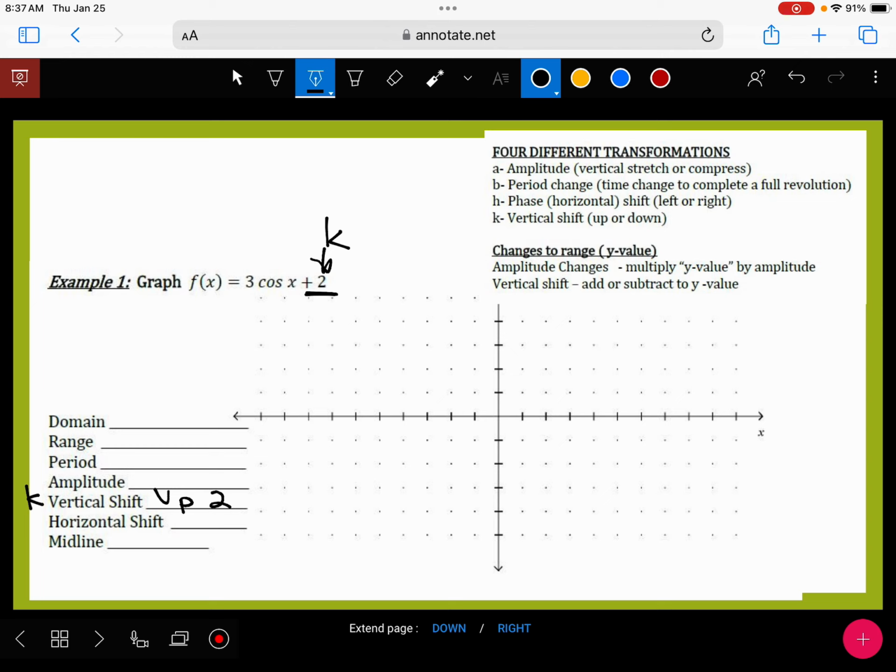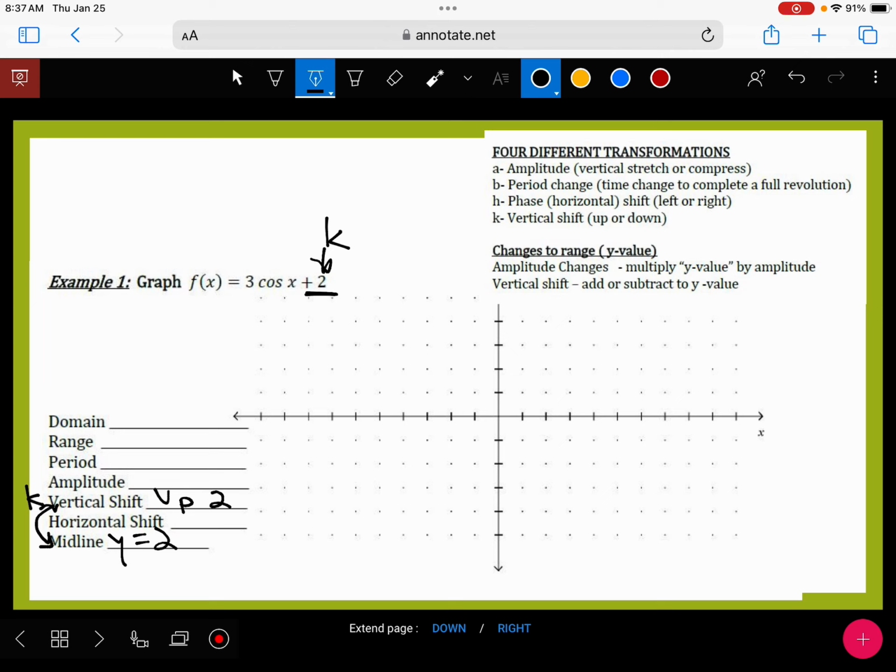That's what that value that gets added on or subtracted off at the end tells you if it's moving up or it's moving down. And then the great thing about vertical shift is once you figure that out, you figure out the midline. Because remember, with no vertical shift, the parent function's midline was right at y equals 0. So if it gets vertically shifted up 2, that midline's then going to be at y equals 2. So just think midline, vertical shift, they're going to go together.